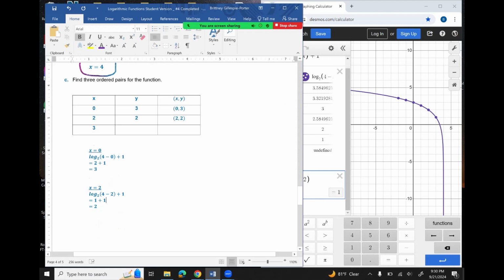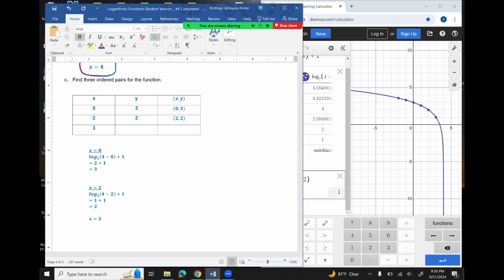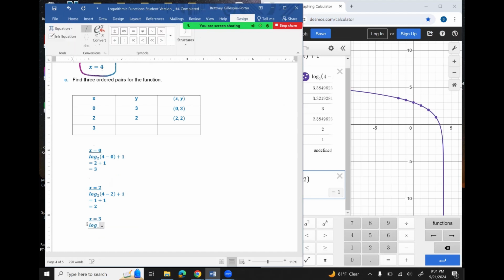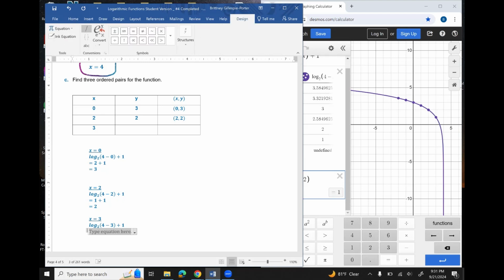Last one. And yes, you will have to show all of your work. That's why we're doing it now. Let's plug in x equal to 3. And we should get a nice whole number again. We're going to have log base 2 of 4 minus 3 plus 1. We know that log of any base of 1 is 0.